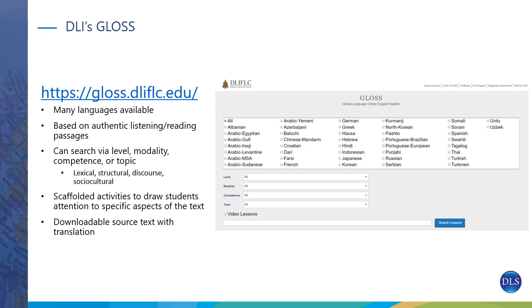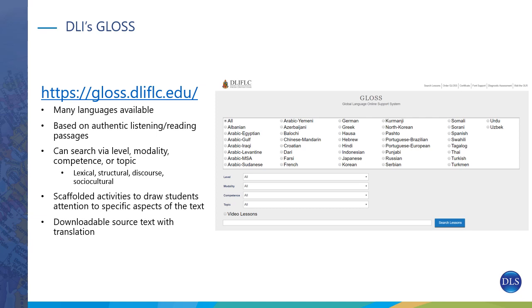First up is DLI's GLOSS. I know a lot of DLS's teachers are already familiar with GLOSS, and maybe you already use it in your class. However, if you're not aware of it, it can be a really helpful resource, so I'm just going to spend a minute or two talking about its features. So GLOSS lessons are available in a lot of different languages. They're based on authentic listening and reading passages that are already leveled. So it's nice if you have a student that's aiming at a particular level, you can go to GLOSS and find something that is at their level.